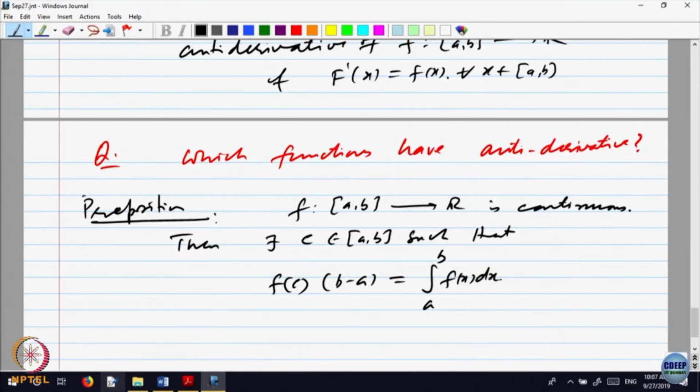So let us try to understand what this theorem is saying. Because f is continuous, the right hand side integral exists, right? But what is the left hand side?